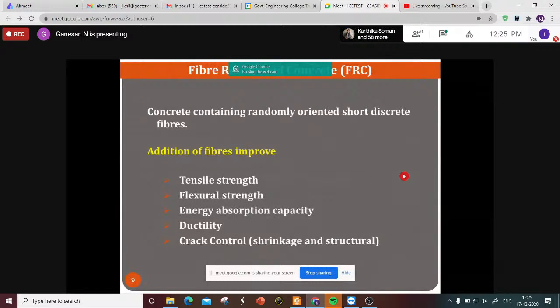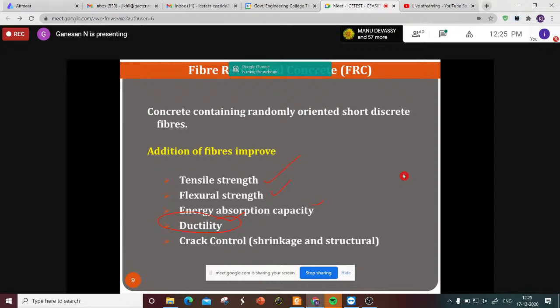And when fibers are added, they improve many engineering properties like tensile strength, flexural strength, energy absorption capacity, and ductility, which is very important. You may ask the question, what after all is the ductility of concrete?